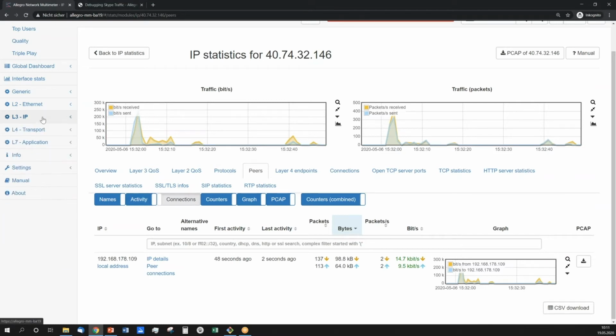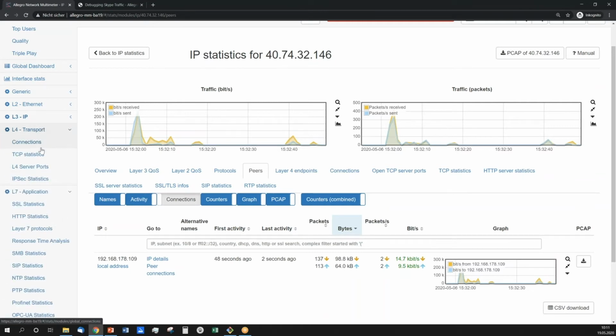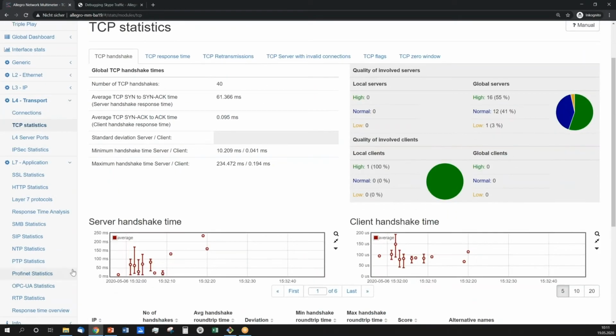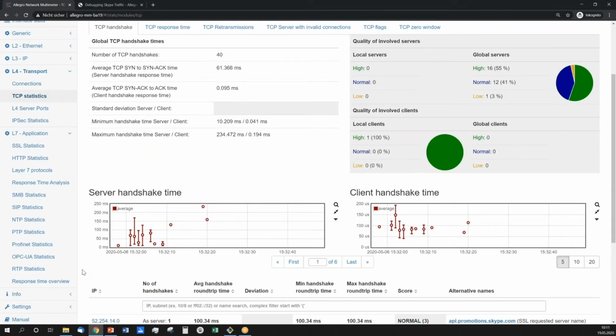Performance statistics can be done easily if you go, for example, to the TCP statistics. And here we can see in that time frame what the server handshake times were, which is quite simple. My Allegro is very close to me, and I can say, oh, there have been handshakes which took more than 200 milliseconds.